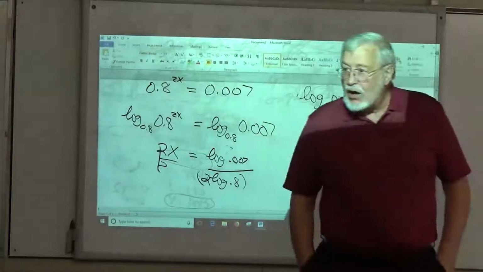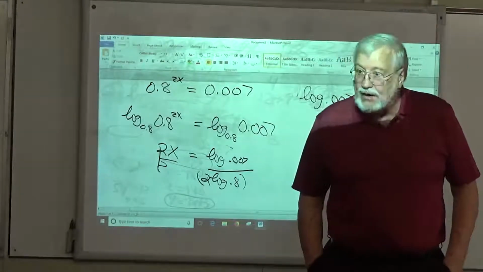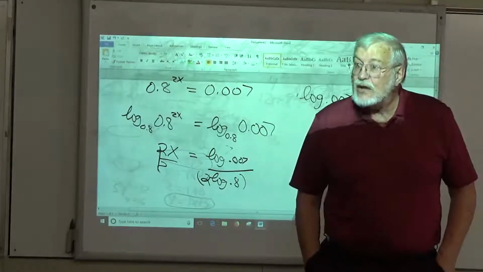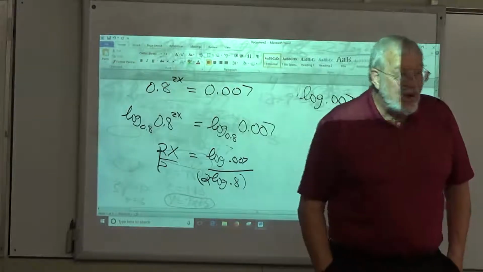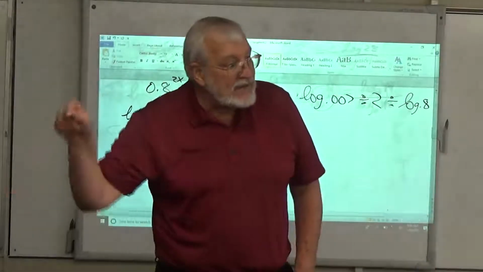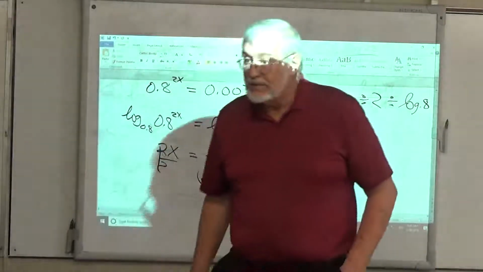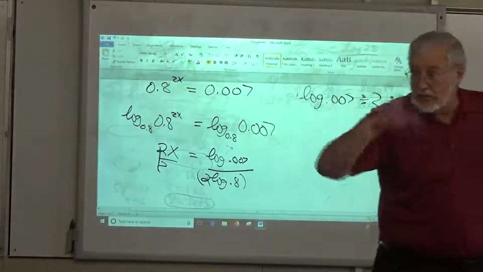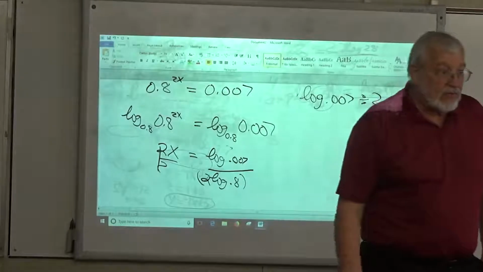I put log base 10 of the weird number divided by what? Log base 5, log of 5. So log of the weird number divided by log of 5 is the same as that problem in the book. Because we have log base 10 in our calculator. We don't have log base 5, so we can't throw it in.